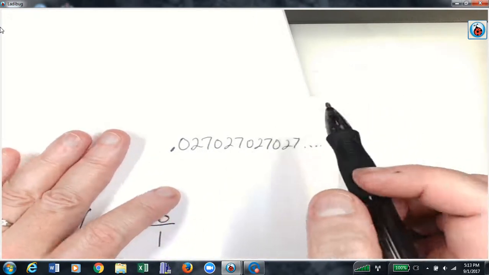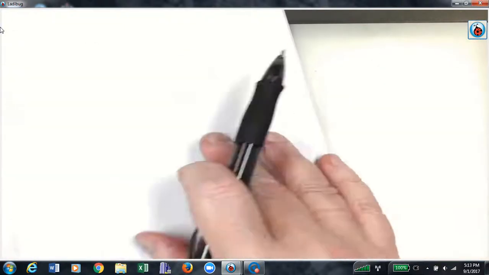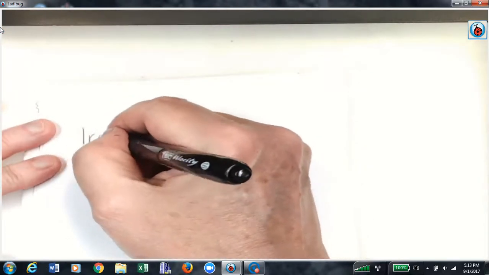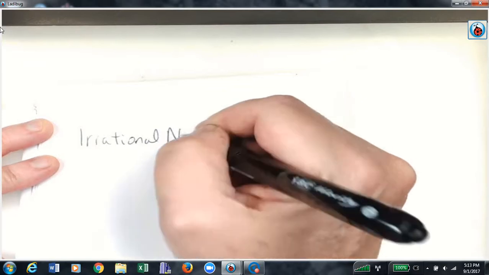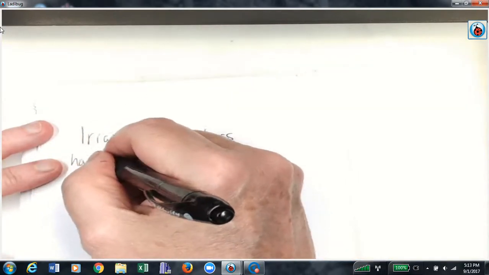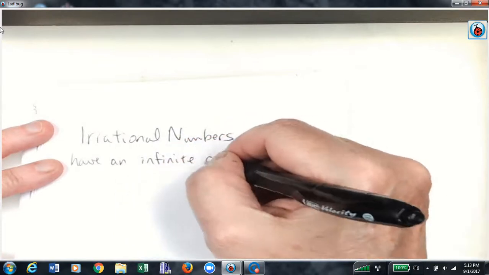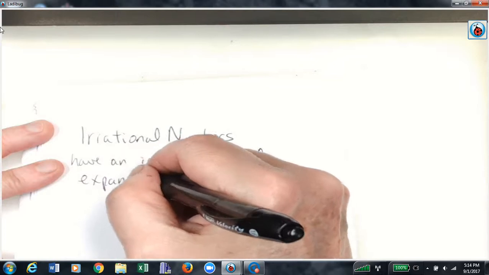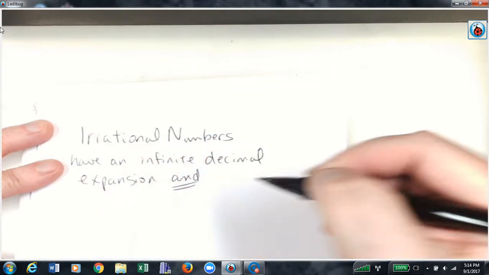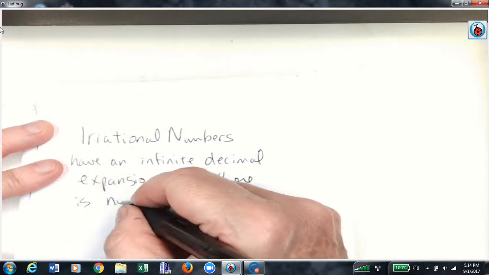Okay. So what is a number that is irrational? A number that is irrational, well, irrational numbers have an infinite decimal expansion and, it's very important, there is no pattern.